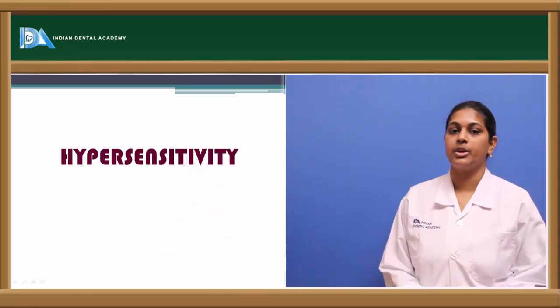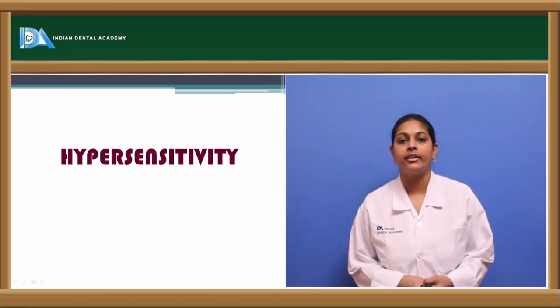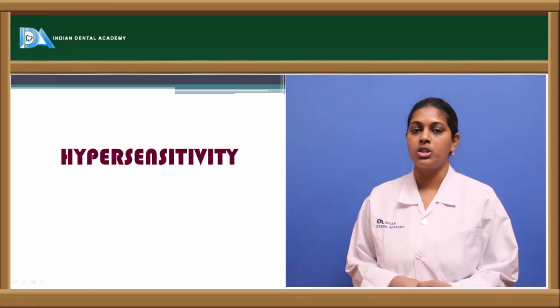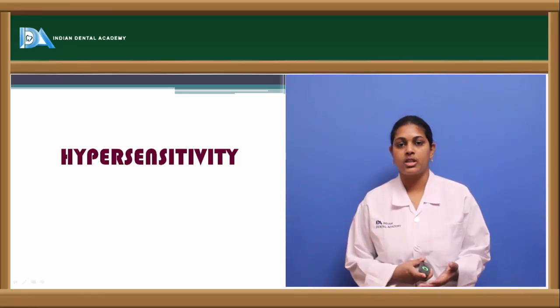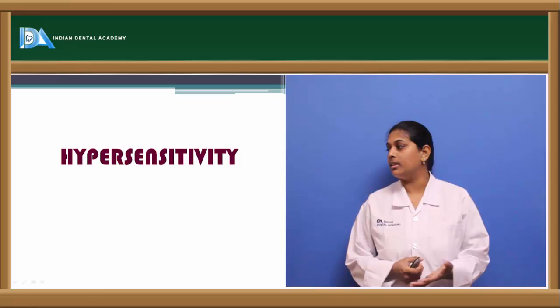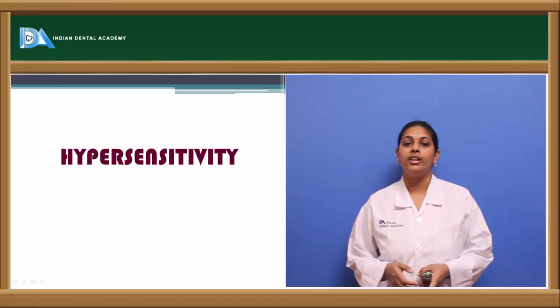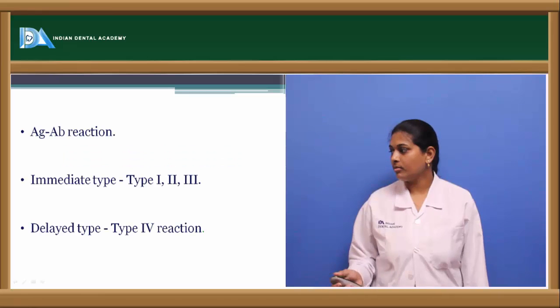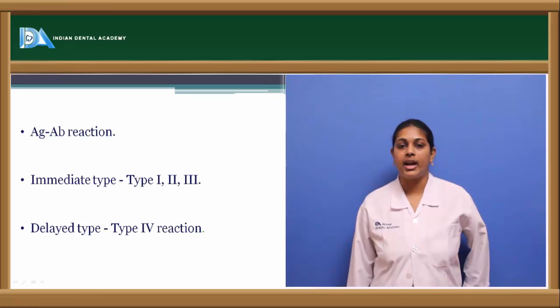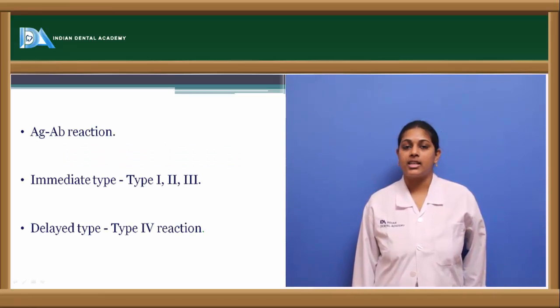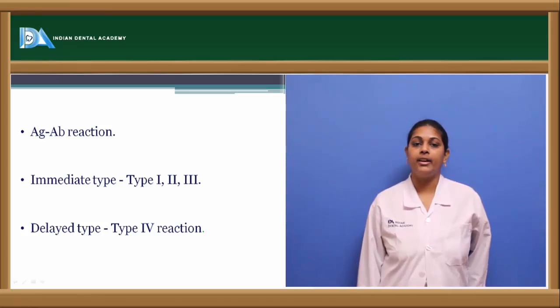Coming to hypersensitivity, it is an exaggerated response of the host immune system. That is, it is an exaggerated, increased response to any foreign antigen. Usually it is an antigen-antibody reaction, and it is classified into two types, that is, a delayed type and an immediate type.